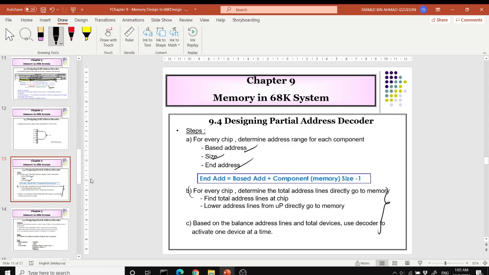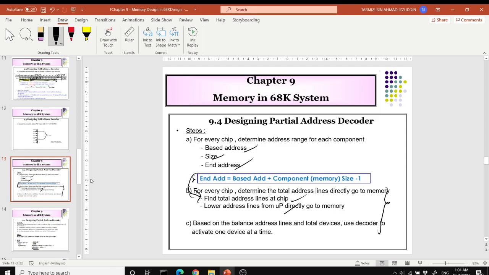For every chip, you determine the total address line directly to go to the memory. This is the part which is still the same. You need to find the total address line at the chip, and the lower address line. Oh sorry, this is not UDS and LDS. The lower address line directly goes to the memory. First, the total address is calculated from this equation.